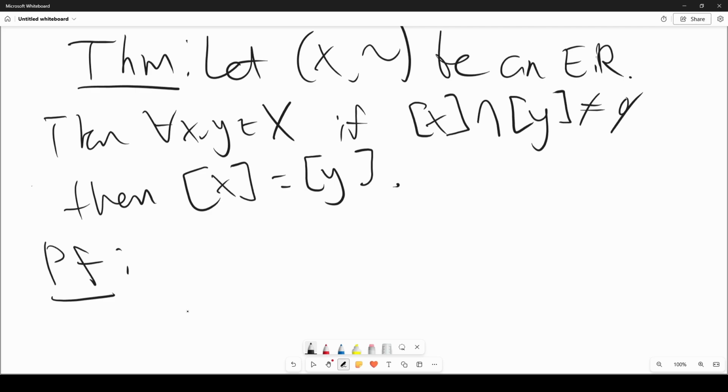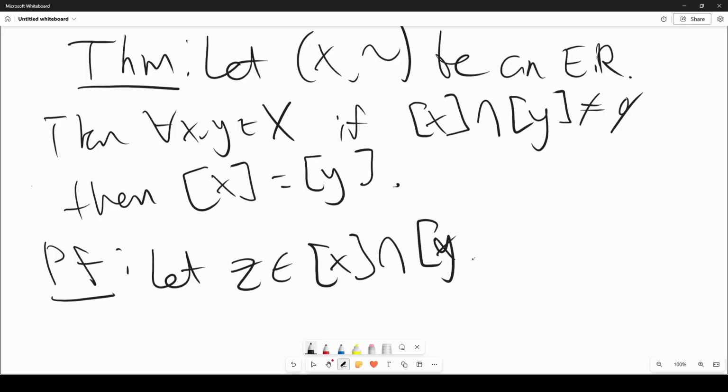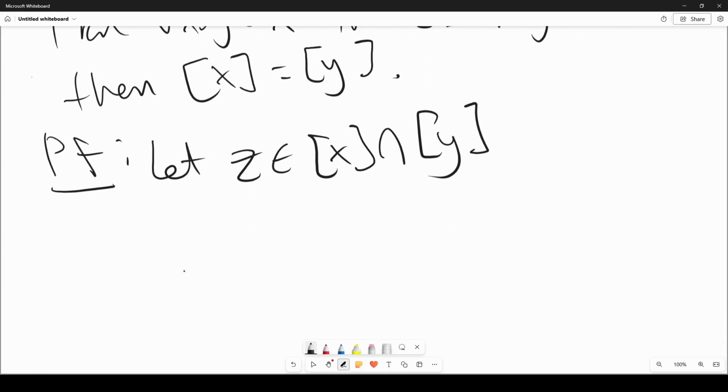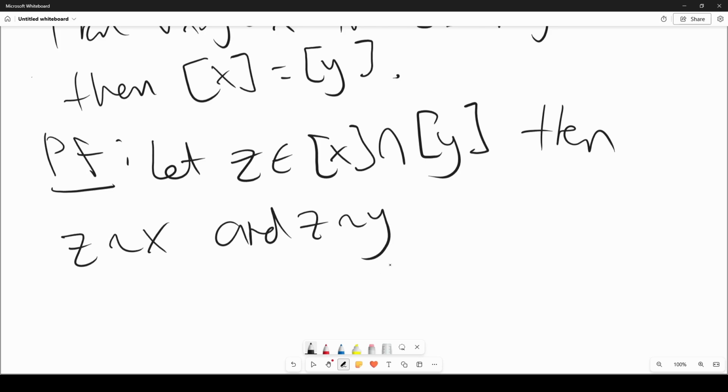Okay, so let's let z be an element of the equivalence class of x intersect the equivalence class of y. Then we get that z is equivalent to x and z is equivalent to y.